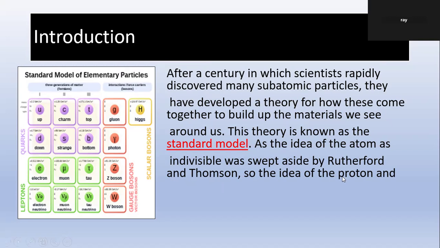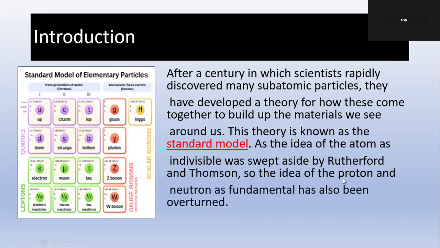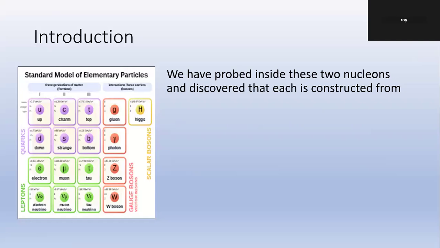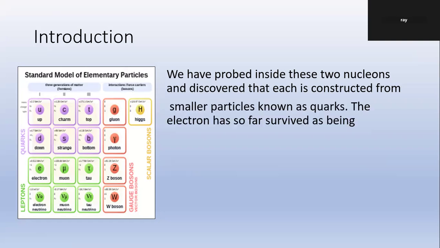Previously they thought proton and neutron are fundamental particles, but then they realized no, there are still smaller things in the proton and neutron. We have probed into the two nucleons, that is proton and neutron, and discovered that each is constructed from smaller particles known as quarks.